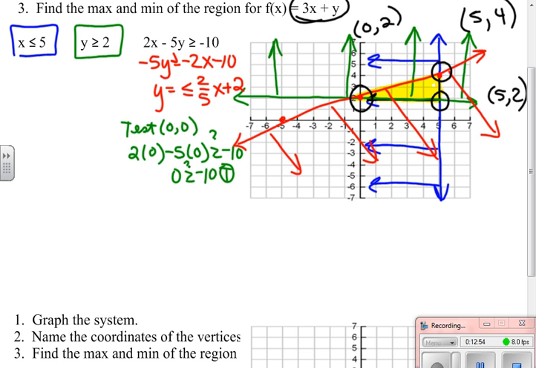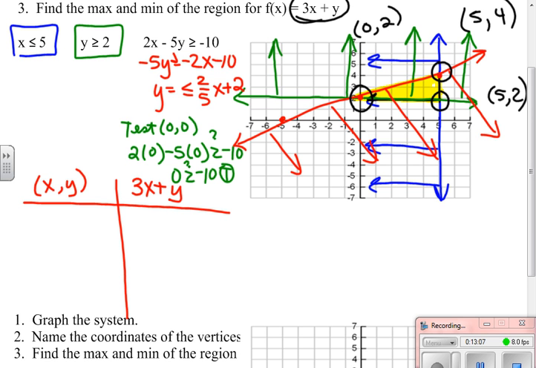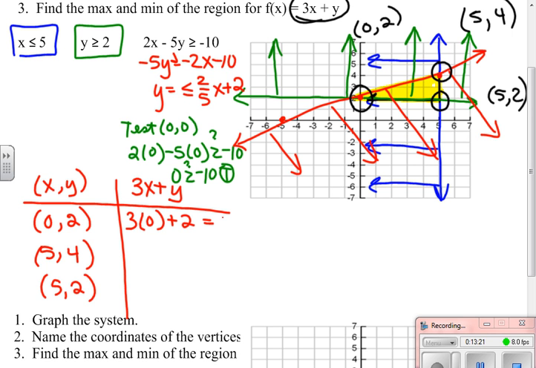And so I make a table of my x, y values, those vertices, and then I'm going to find out what my function value is. So if I put (0, 2) in, (5, 4) in, and (5, 2) in, I'm going to have 3 times 0 plus 2 equals 2.